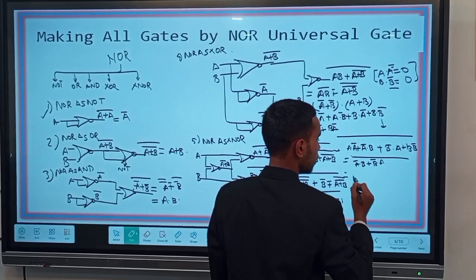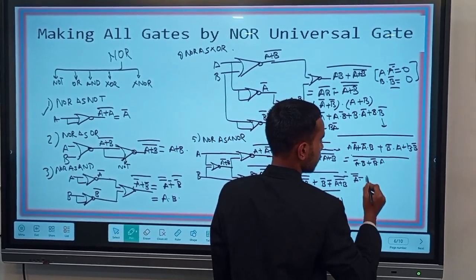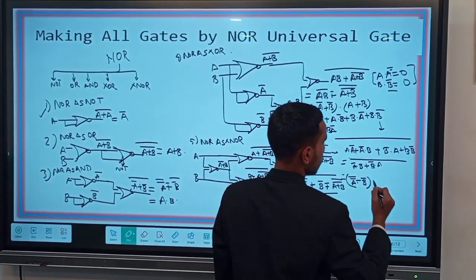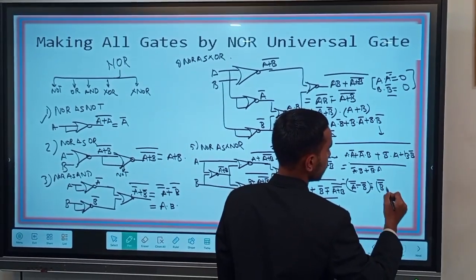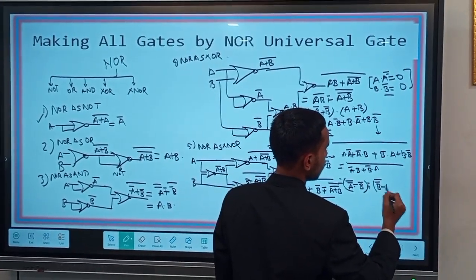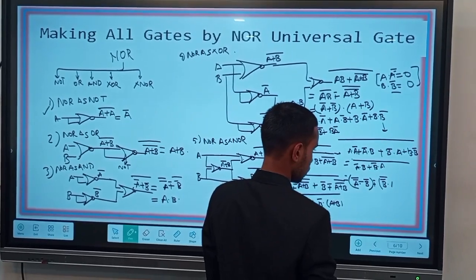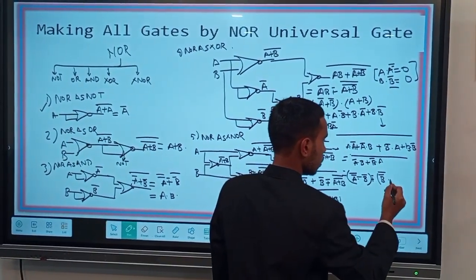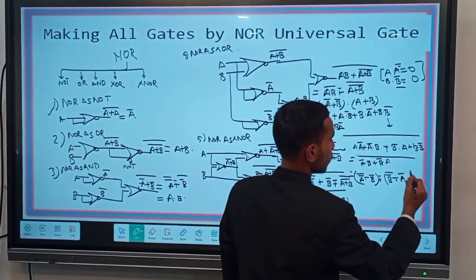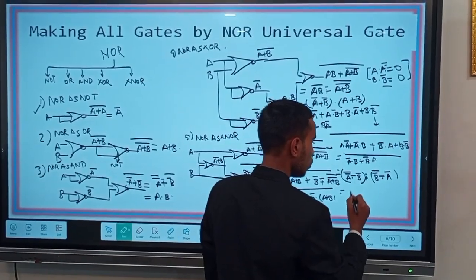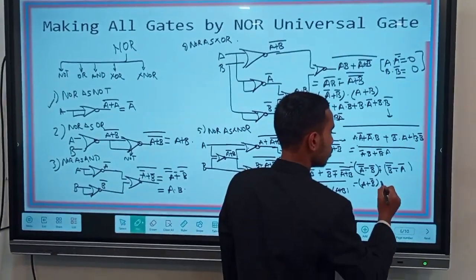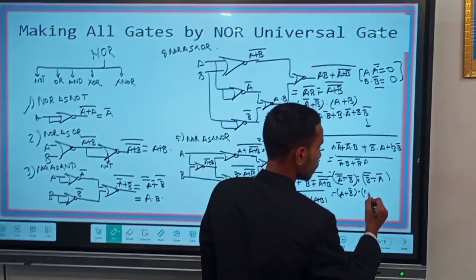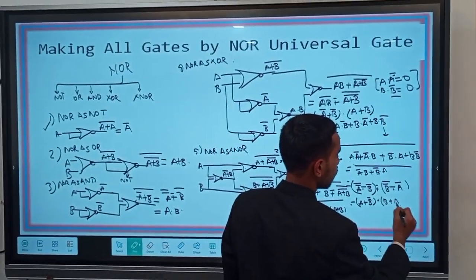So it becomes A double bar dot bar B bar. B plus becomes like this, B double complement into A complement. Now it is going to solve up to A plus B complement into B plus A complement.